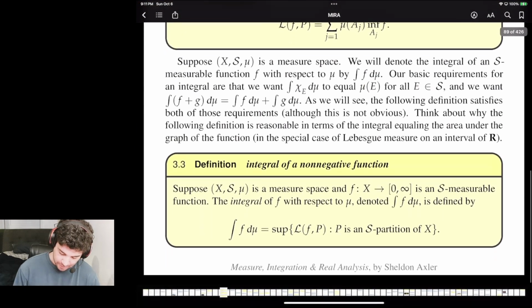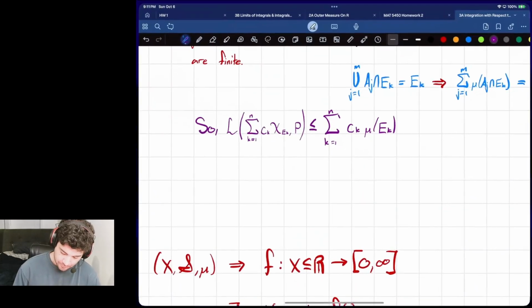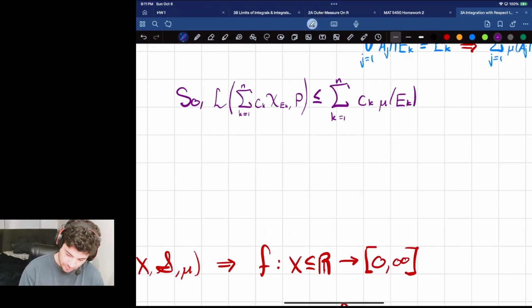The integral of the simple functions, the sum from k equal to 1 of c_k times E_k, d mu.